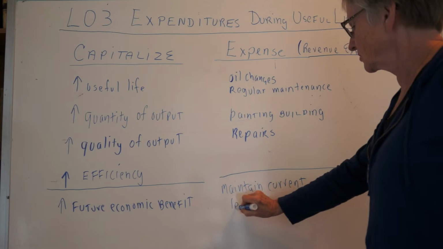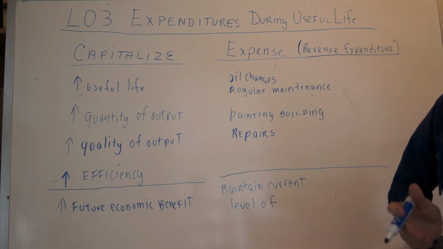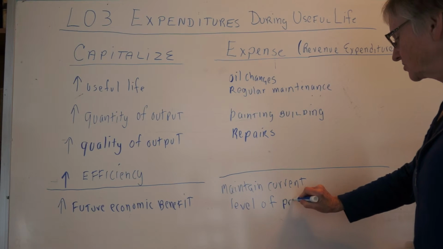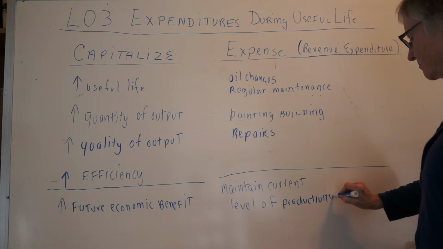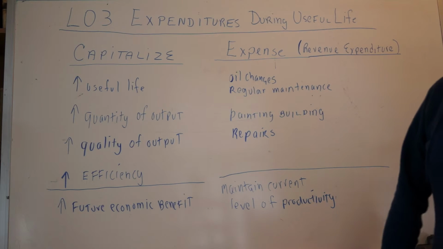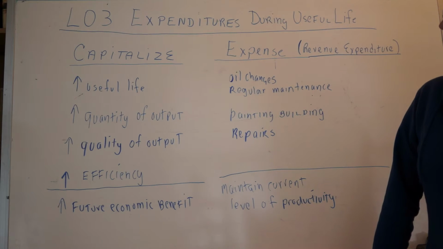It maintains the current level of output, or of productivity, I guess is the best word. Okay? So that's your basic difference between when you capitalize an additional expenditure, or whether you expense it.